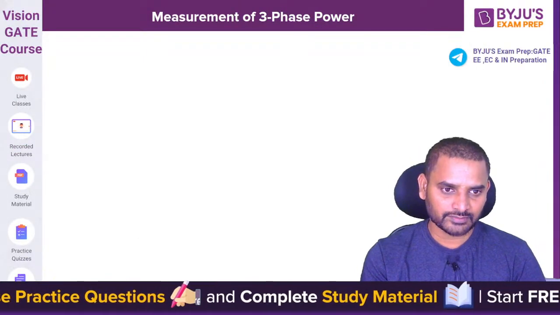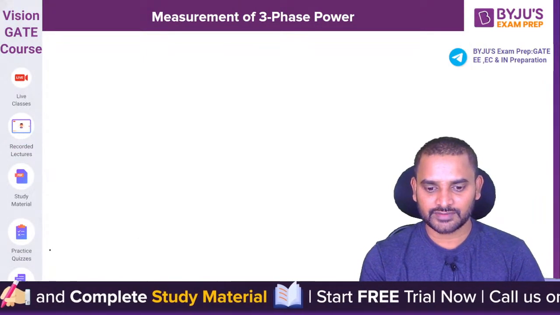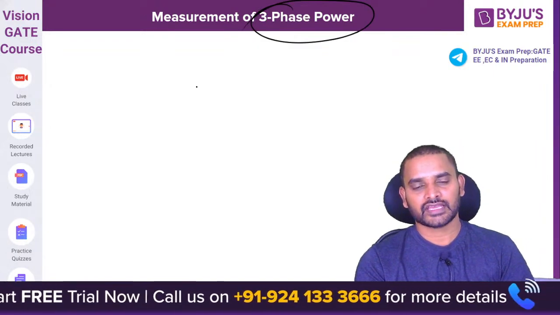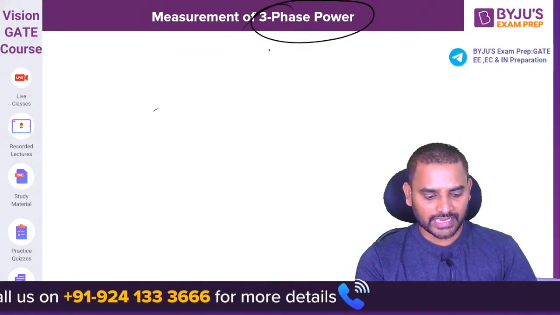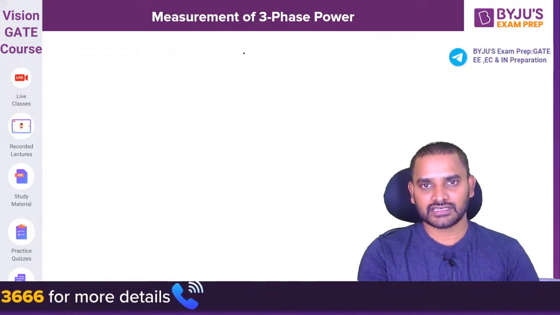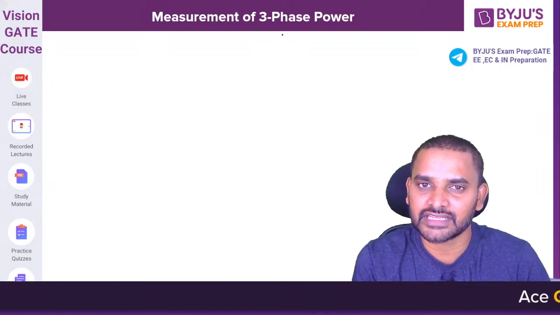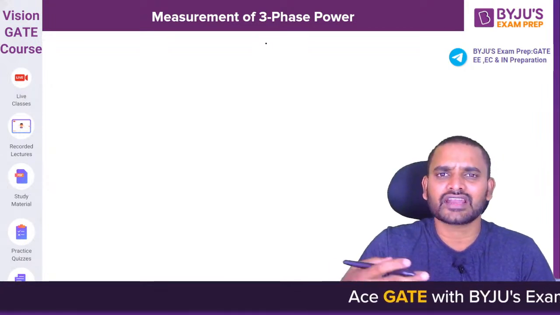Coming to the session quickly, let me tell you about three-phase power measurement. If you want to calculate three-phase power, let me give you a three-phase load. It can be a star connected load or a delta connected load.